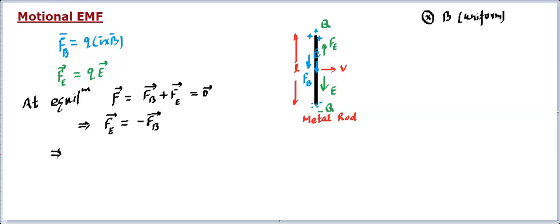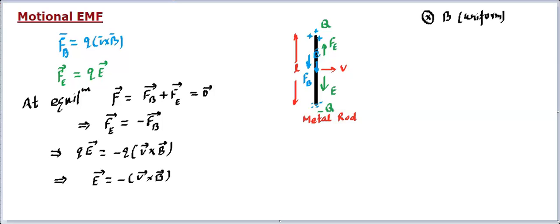Using these values, you will find it becomes Q, where Q is basically the electron charge, Q E is equal to minus Q V cross B. Then you'll find this Q will get cancelled out, whether it's an electron or anything, that hardly matters for us. And we will get one important relation: E is equal to minus V cross B. So this is the formula that's going to be there.